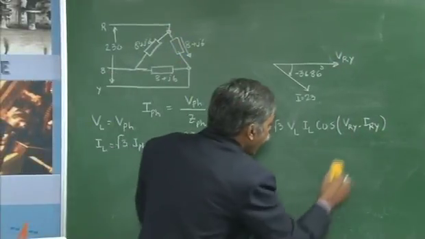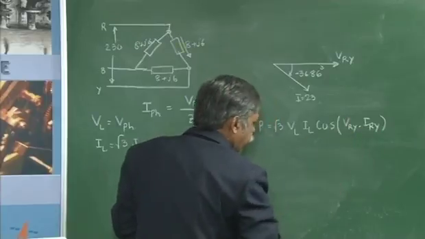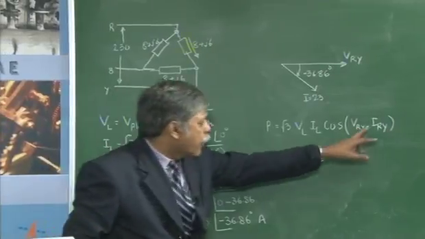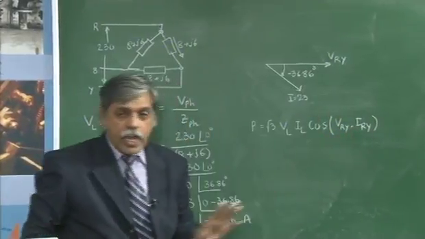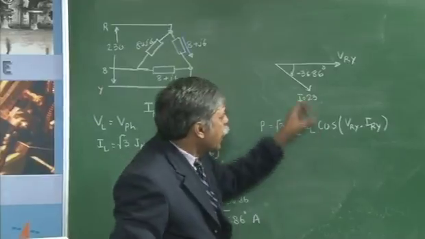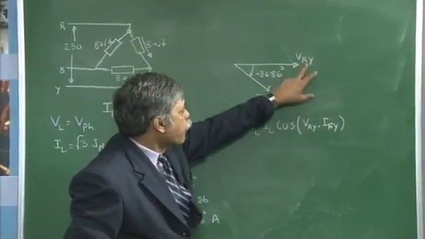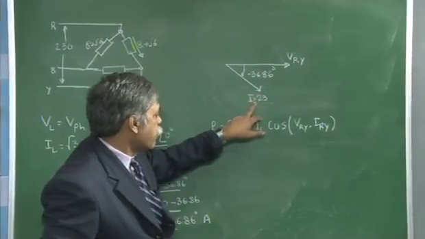In calculating the power factor, I don't bother about the angle between line current and line voltage. I always consider the phase voltage and the phase current as the reference in finding the power factor.